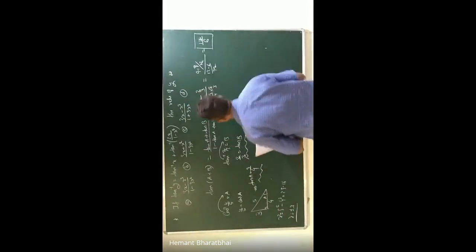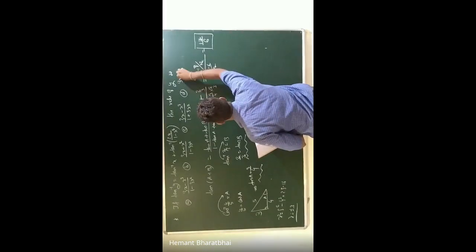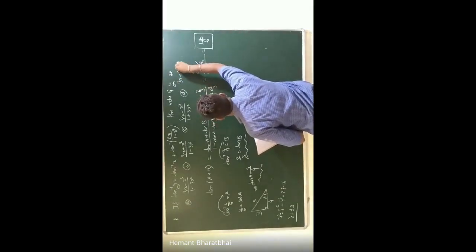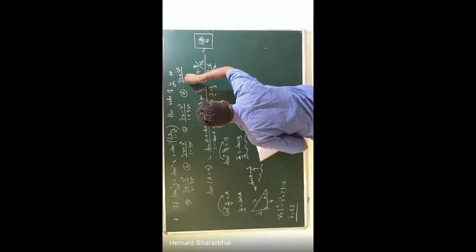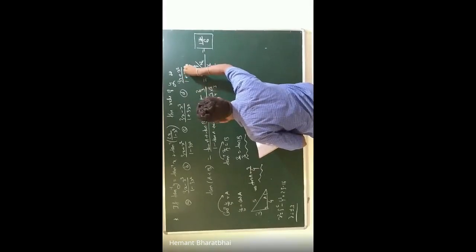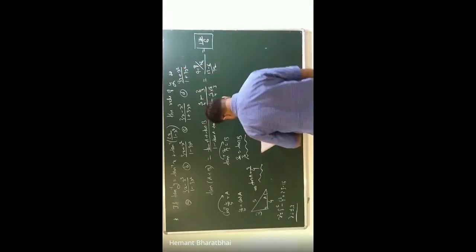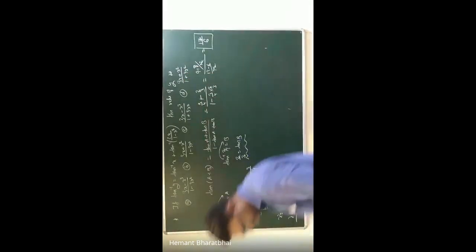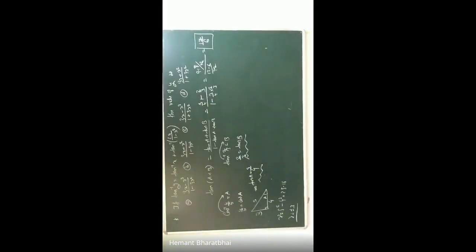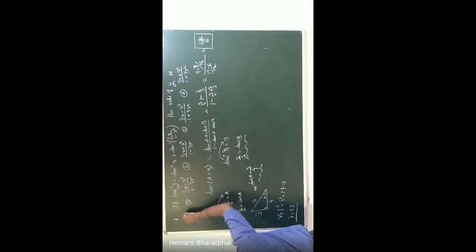Option number D, 3x plus x square upon 1 plus 2x square. This has come in the year 2003. Let's solve this numerical.